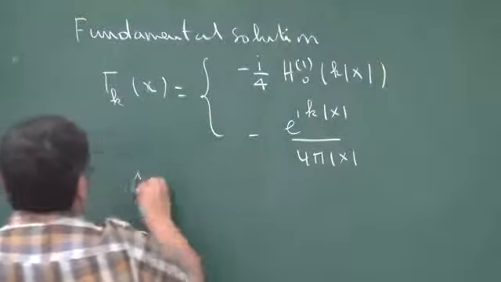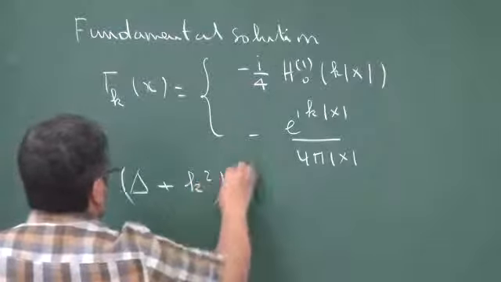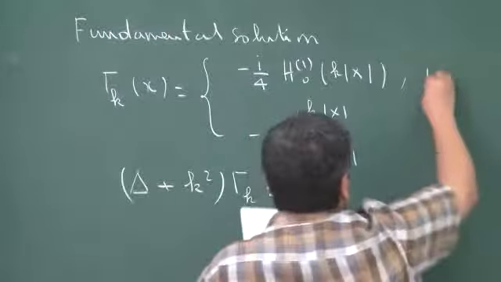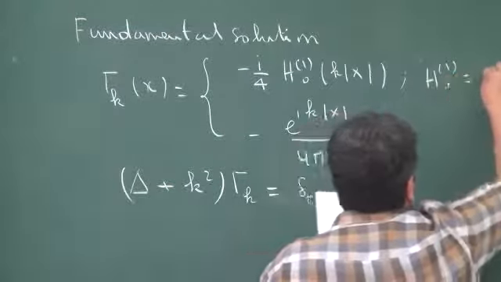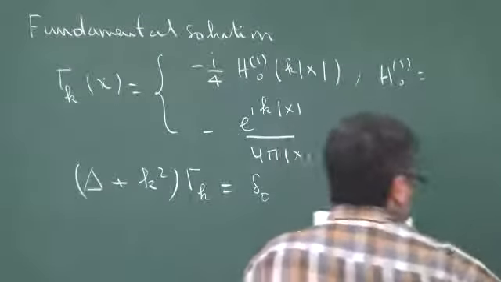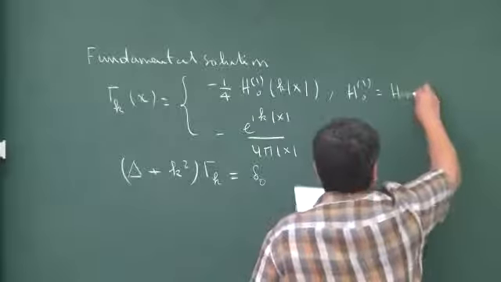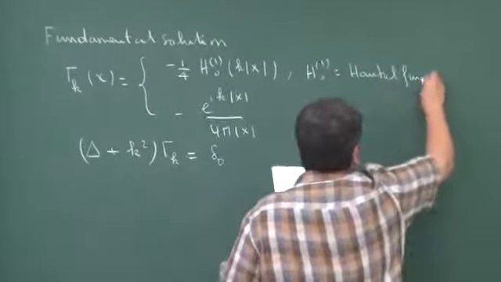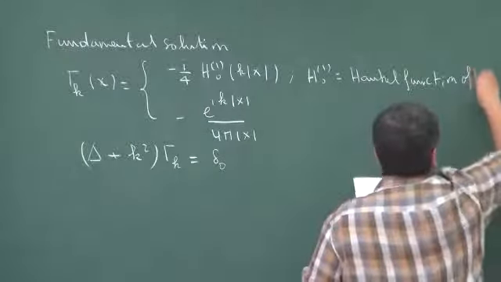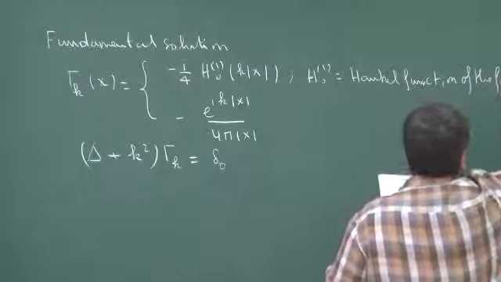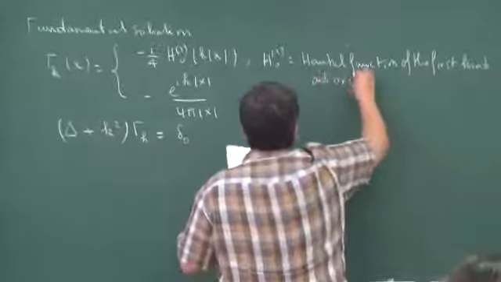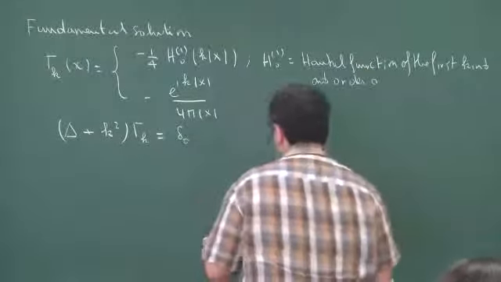This satisfies Laplacian plus k square gamma k equal to Dirac mass at 0, and the H10 is the Hankel function of the first kind and order 0.